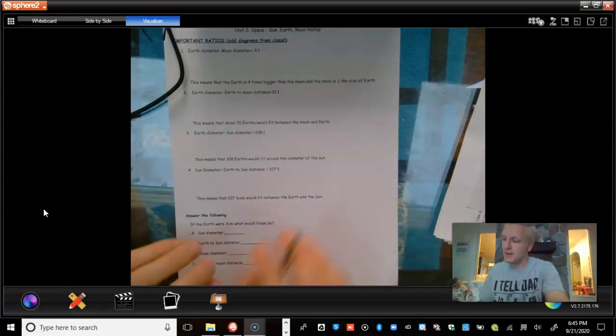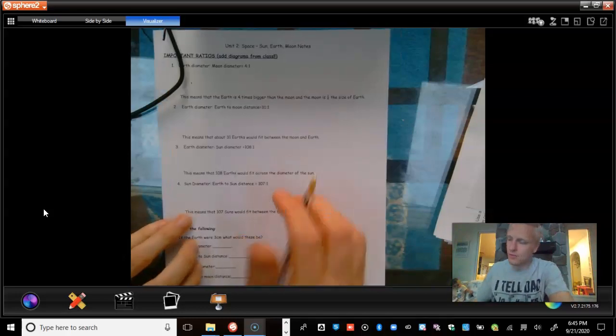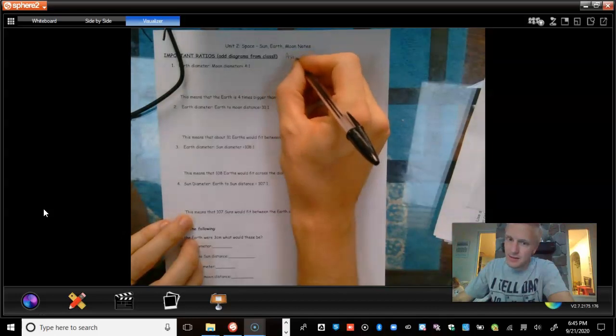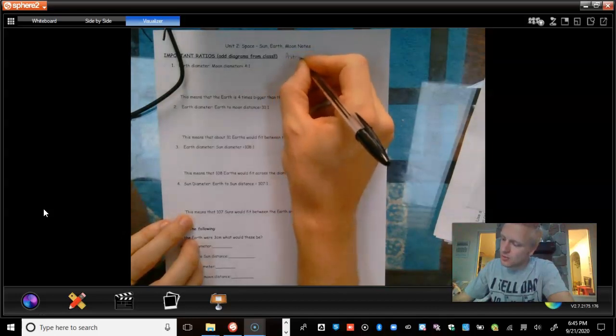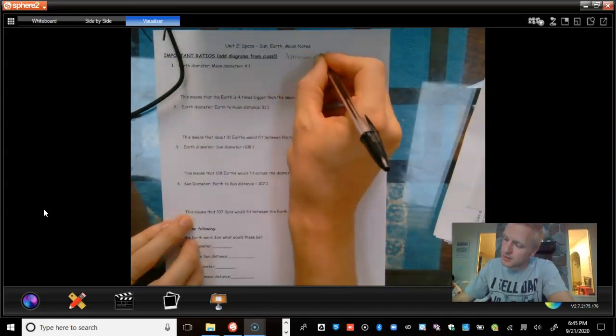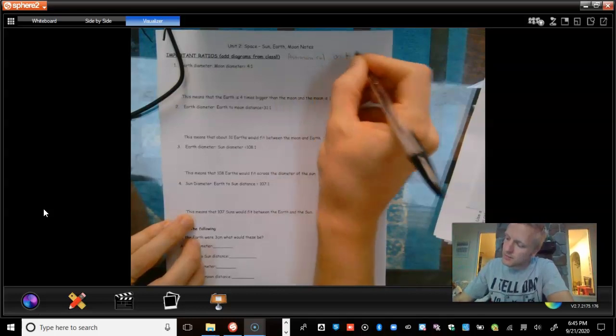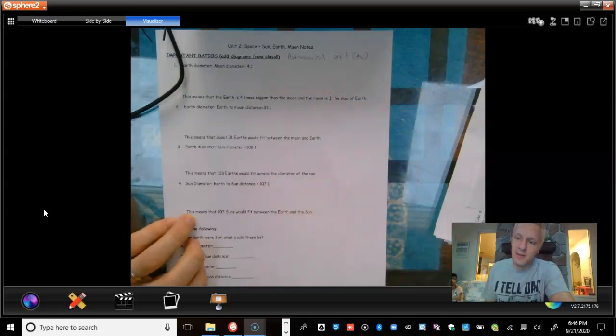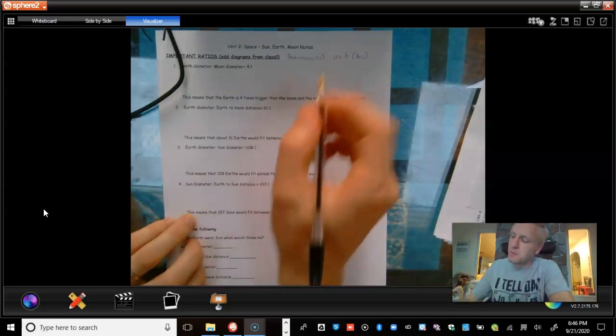Alright, first I want to get one important definition: astronomical unit, also known as AU. This is common in astronomy. You're going to hear the word AU.